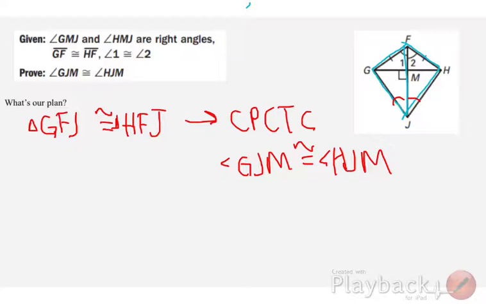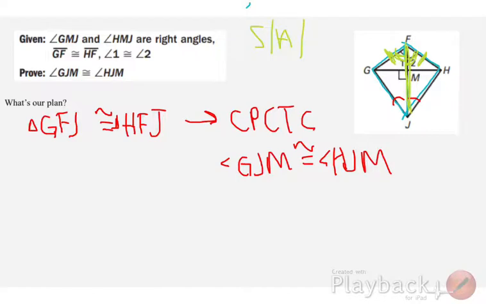So right now, in these two blue triangles I see some pieces of information, okay? I see that GF is congruent to HF, so I know that I have a side. I know that angle 1 here is congruent to angle 2, so I know that I have an angle. Now I need a third piece of information. But what I notice about my two blue triangles is that they share this side right here.